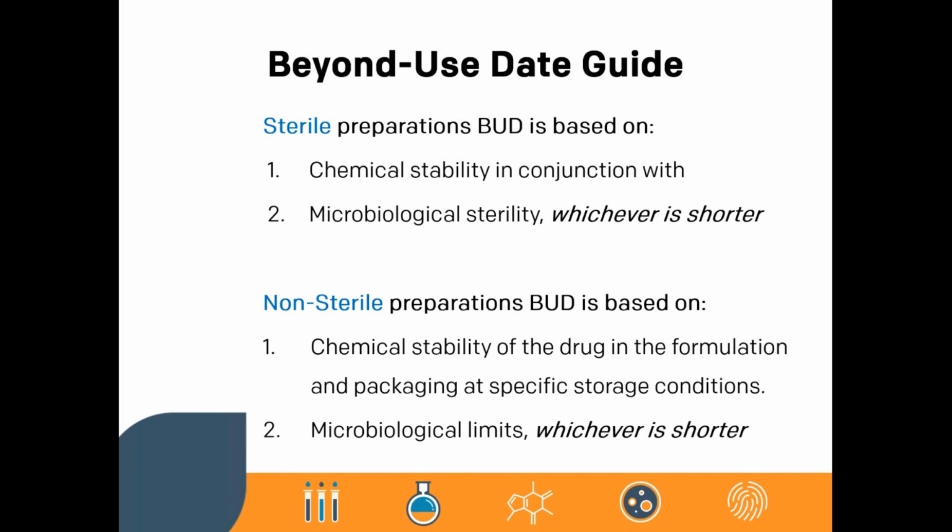And then when looking at a non-sterile preparation, such as a topical, cream, tablet or capsule, it's the chemical stability of the drug in the formulation and packaging at specific storage conditions, or again, the microbial limits. You'll notice when we compare and contrast on subsequent slides, we try to bring that out in red. But essentially from this slide, sterility is conducted using a sterile product when doing a beyond use date study or stability study, whereas in a non-sterile preparation, we're using microbial limits. And we'll talk about that in a bit. And again, both of these are whichever is the shorter.